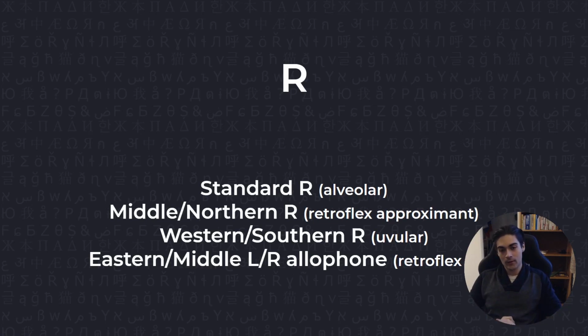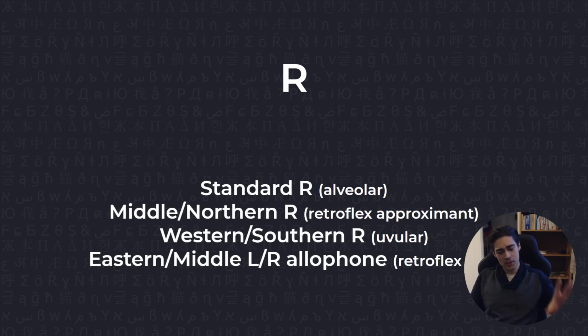The last one is something known as a retroflex flap. It's actually kind of an L/R allophone that is often used in dialects in the east and in the middle of Norway. It's when you have an R and a D most often.